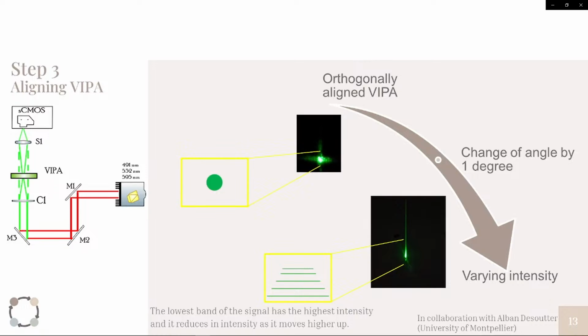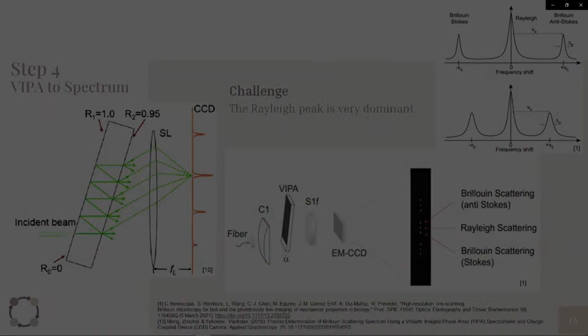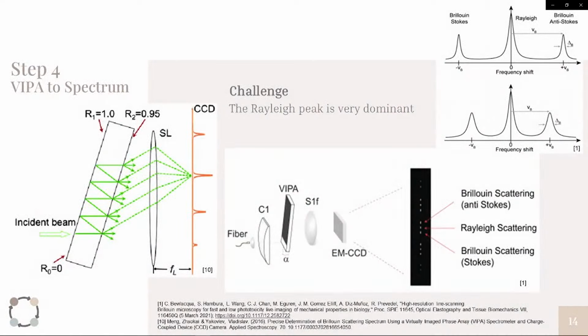So once we have the VIPA aligned, once we have the virtually imaged phased array, which is a spectrometer, aligned, how am I going to get the spectrum? If you see this figure right here, you have a reflective surface, which is 100% reflectivity, and then you have 95% reflectivity.